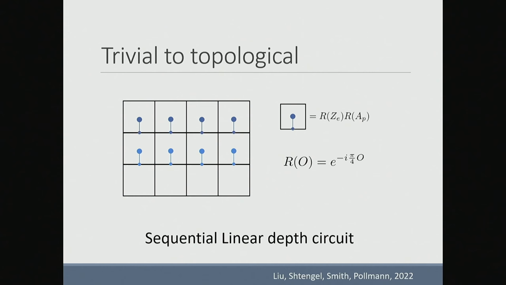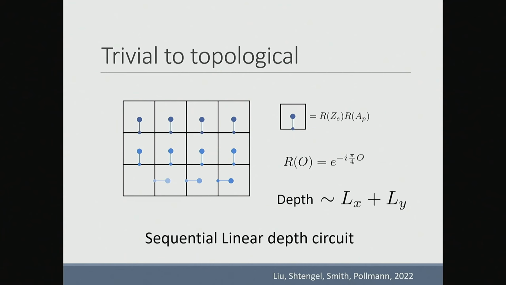The second row cannot be done at the same time as the first row because they don't commute, but we can do them one row at a time. And eventually, for the last row, we just turn our head 90 degrees and then move sideward and eventually close the whole system up. Okay, so no matter how big a system you have, this can always be done. And this is, again, a sequential way of applying a linear depth circuit.